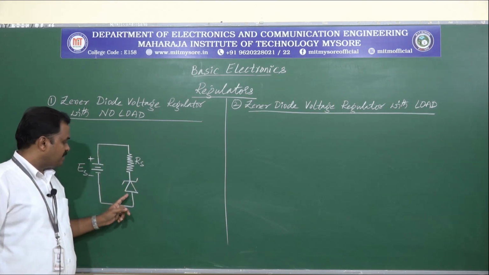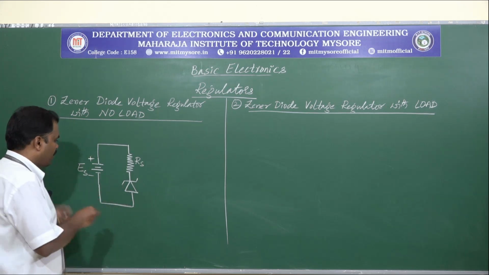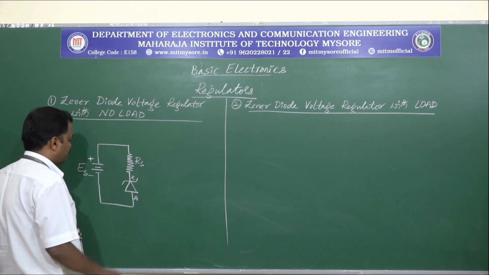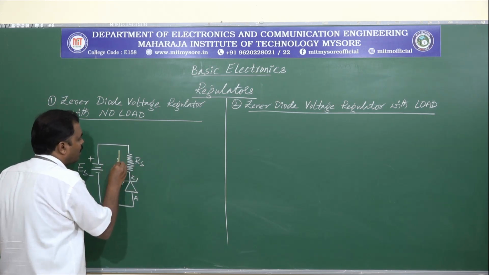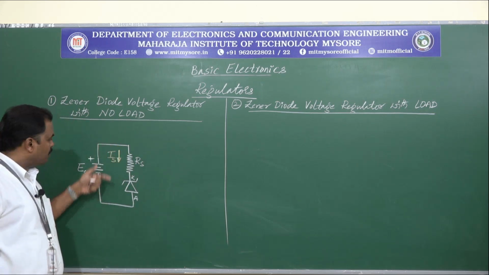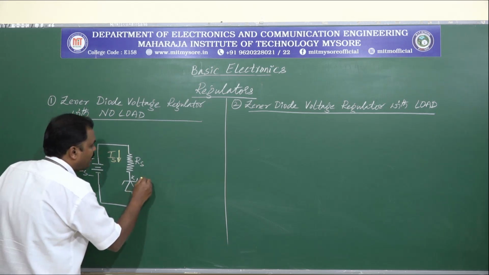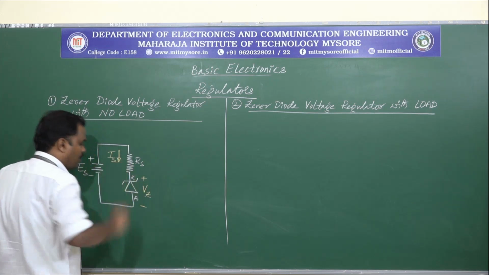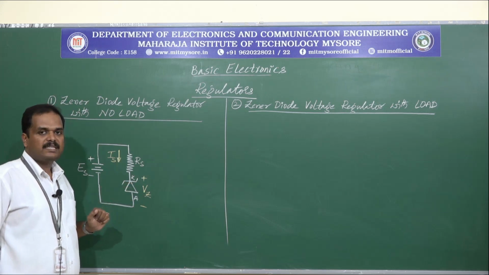Make sure that the Zener diode is connected in reverse bias mode. Let us say this is anode and this is cathode. Let current IS be the input current flowing in the circuit, and here we have a voltage across the Zener, which we call Vz.